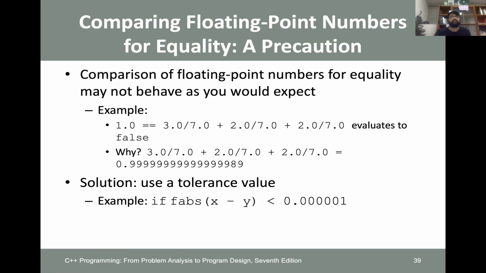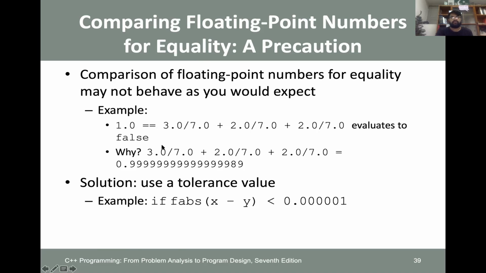So for example, when we try to evaluate 3 divided by 7 plus 2 divided by 7 plus 2 divided by 7, if you think of it in terms of fractions, 3 plus 2 plus 2, if the denominator is the same, you can add them up. It should be 7 divided by 7, which is equal to 1. Should ideally return true. But when you actually put it in your C++ IDE, it's going to evaluate to false. Why is that happening?